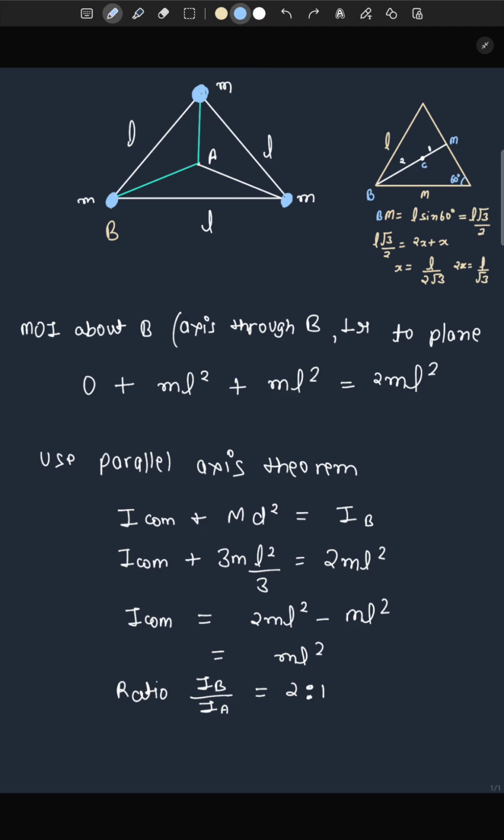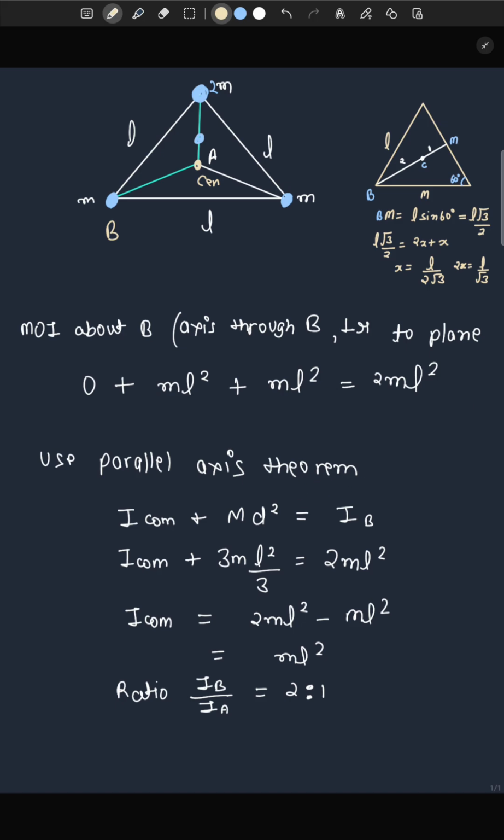Now if this mass had been 2m, the center of mass would shift somewhere here. The centroid is still here, but this is now not the center of mass. So now you can't use the parallel axis theorem like this.